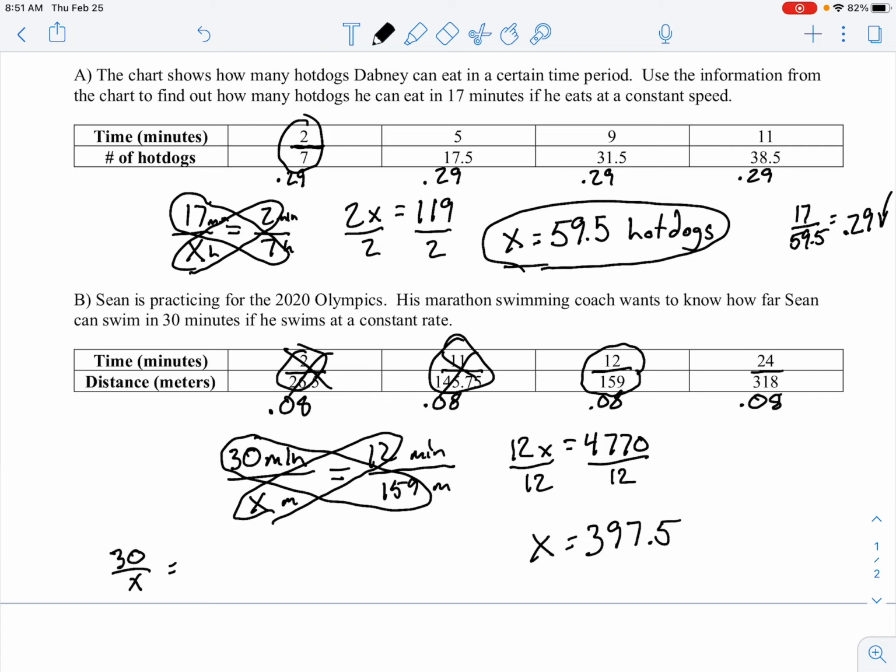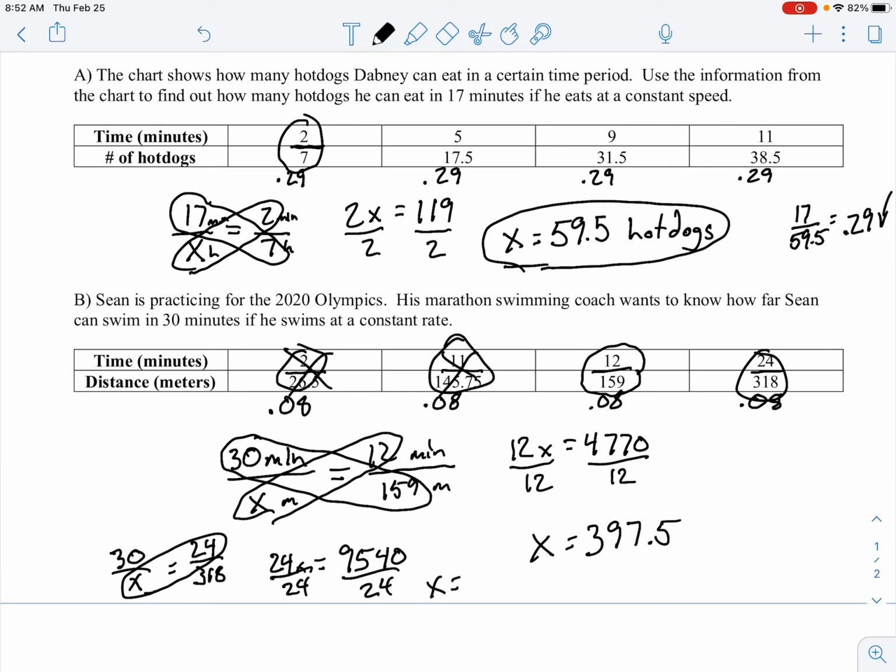So let's see what happens if I decided to choose a different setup. So 30 over x equals, so now I'm going to use 24 over 318. So we get 24x equals 30 times 318, 9,540, divided by 24.